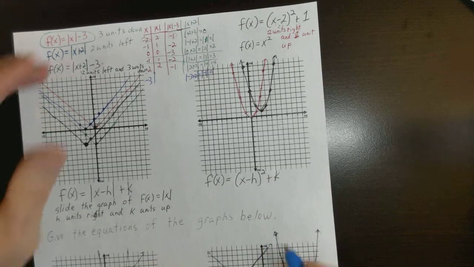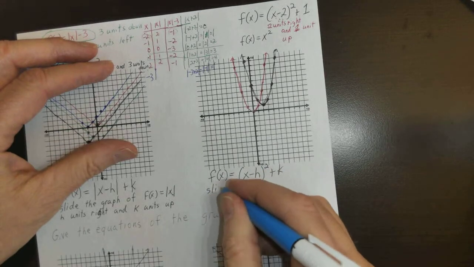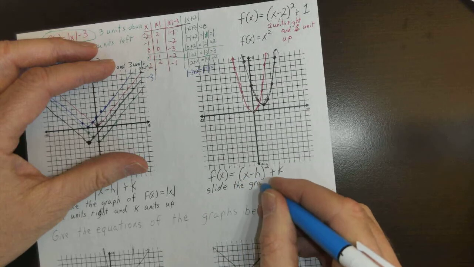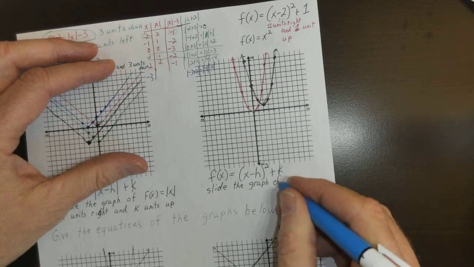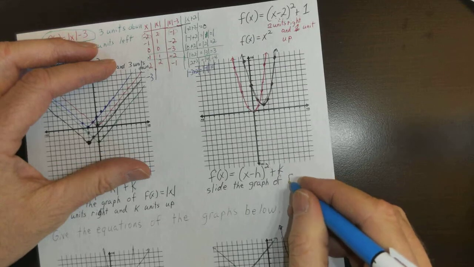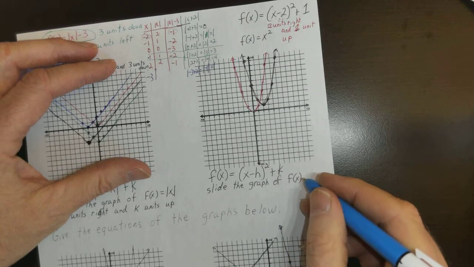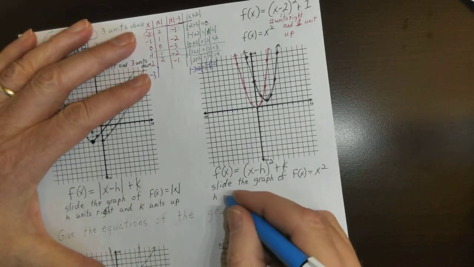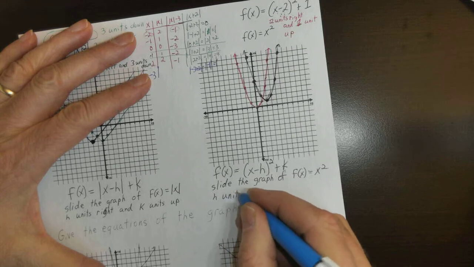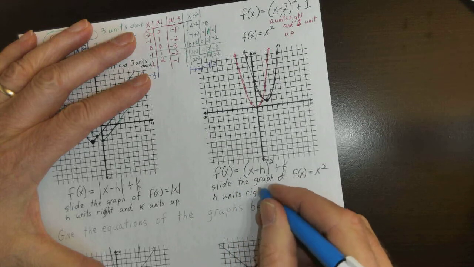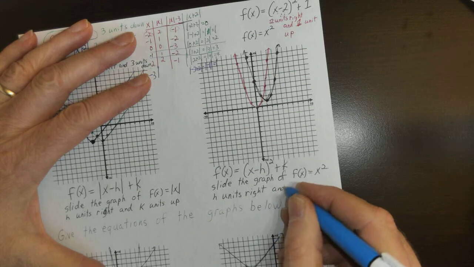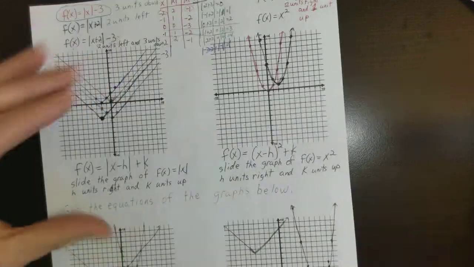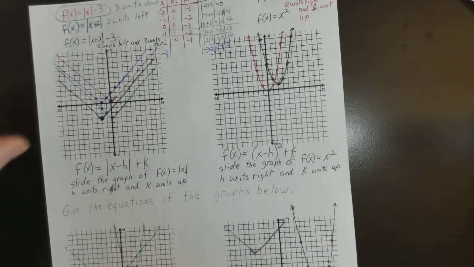For the quadratics, we will slide the graph of f of x equals x squared, just like this other one, h units right and k units up.